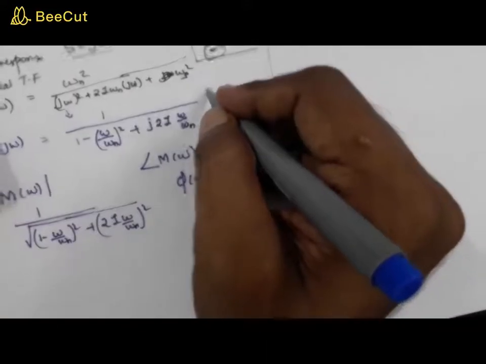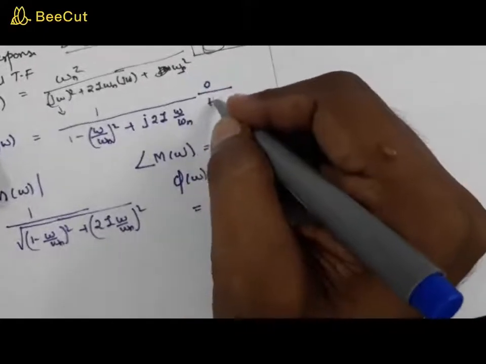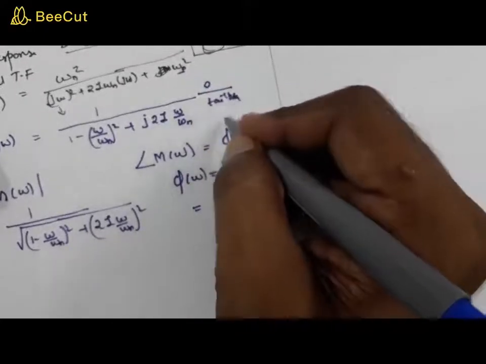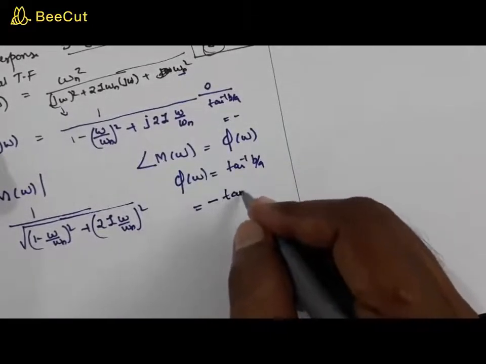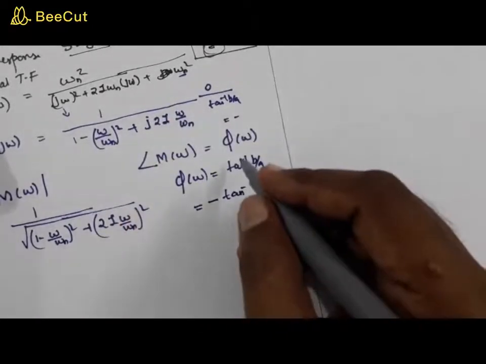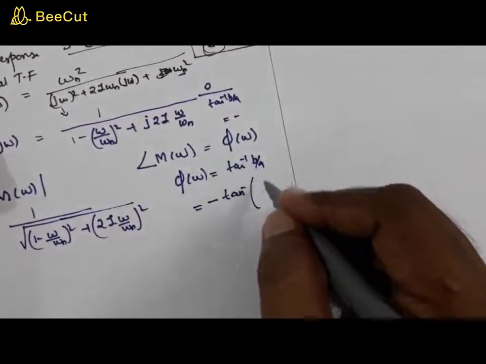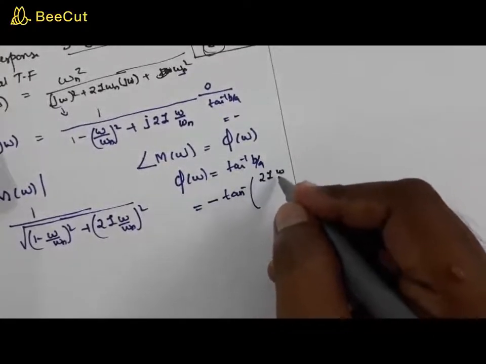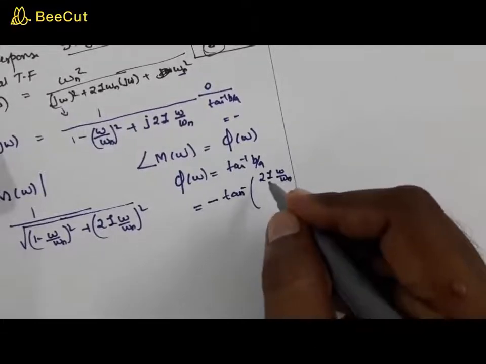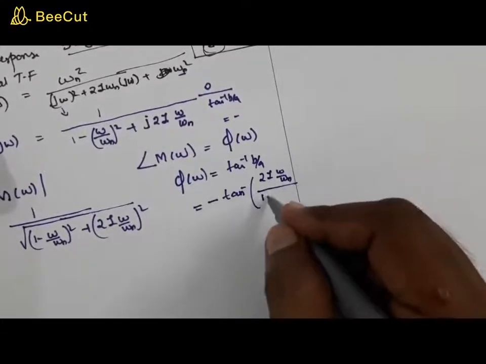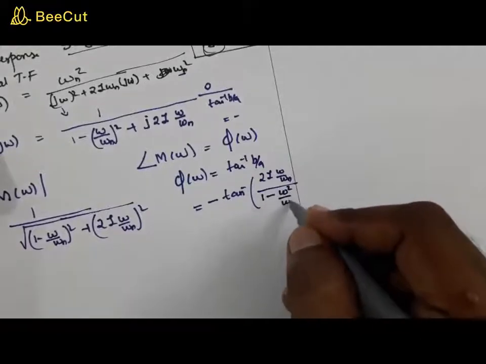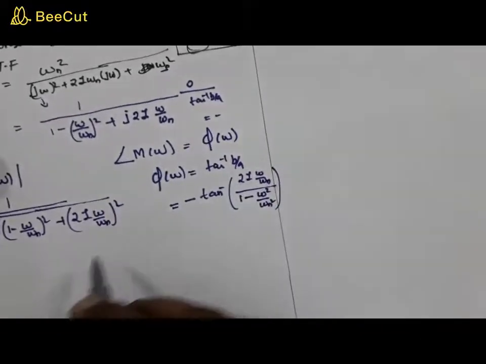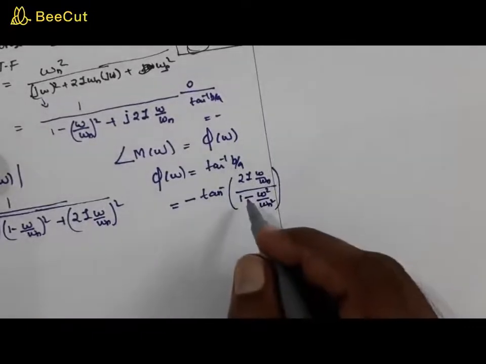The phase of the numerator will be 0, and the denominator will be tan inverse b by a, so it will be minus tan inverse b by a. What is b? b is this term. So this will be minus tan inverse of 2 zeta omega by omega n divided by 1 minus omega square by omega n square. Okay, so this is your phase.